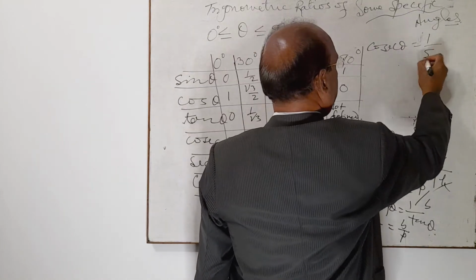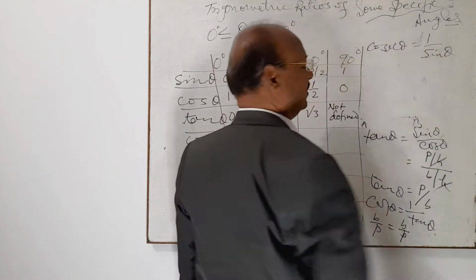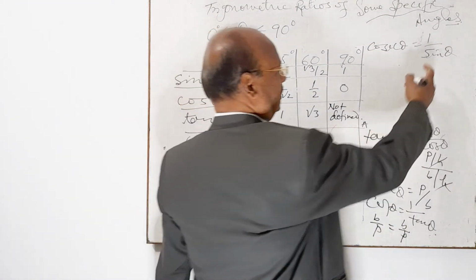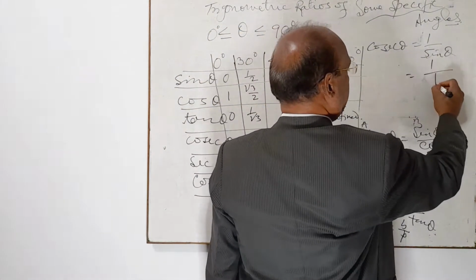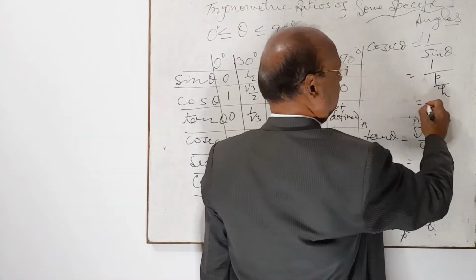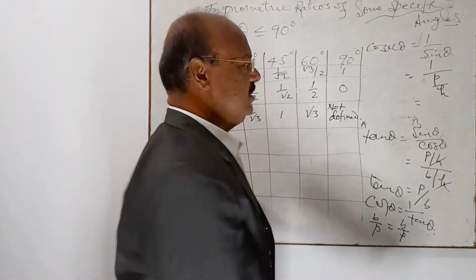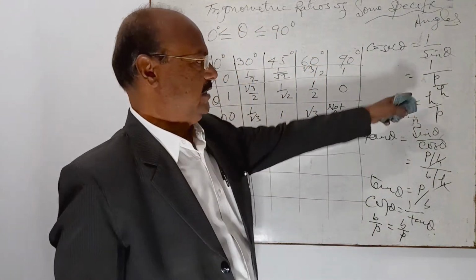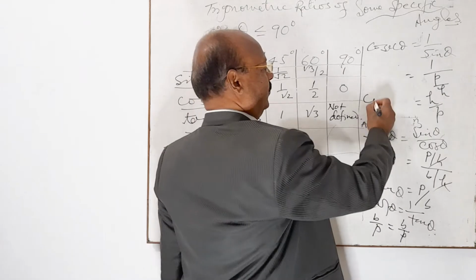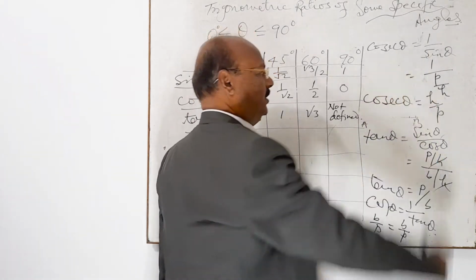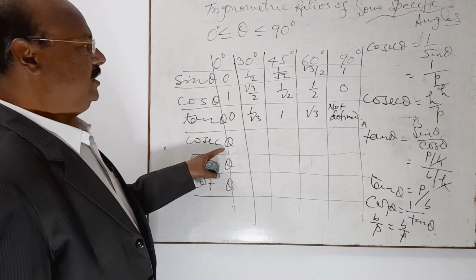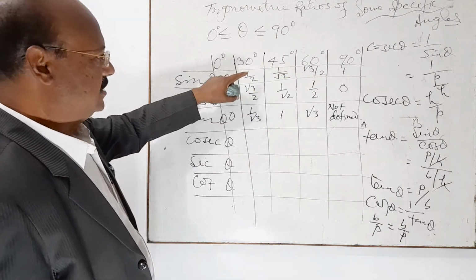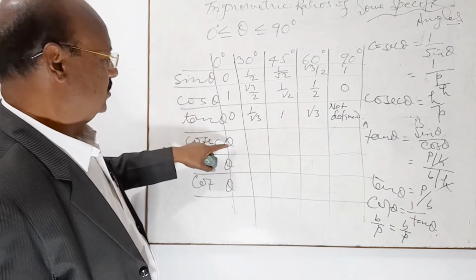Cosec theta is 1 by sin theta because you know that sin theta is P upon H, and 1 by P upon H is H upon P. And you know that H upon P is nothing but cosec theta. So these values will give us the value of cosec theta.